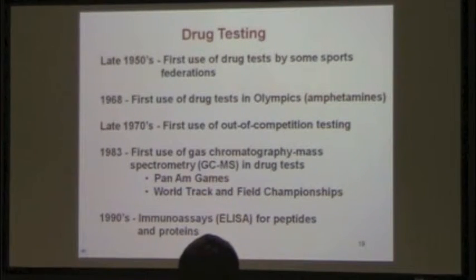There were a lot of false positives and false negatives involved, but the situation began to change in the early 80s with the development of a technique called GC mass spec, where one combines gas chromatography with mass spectrometry, and one can detect with pretty good precision specific drug agents.